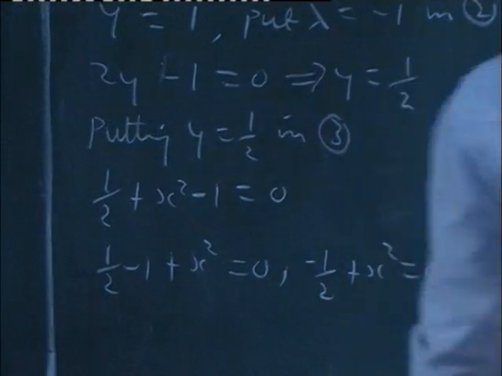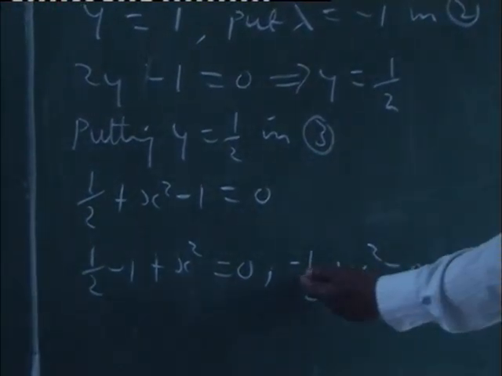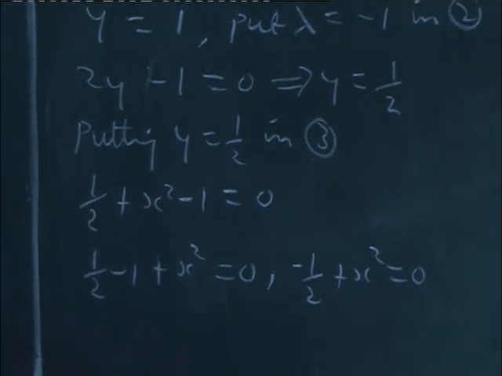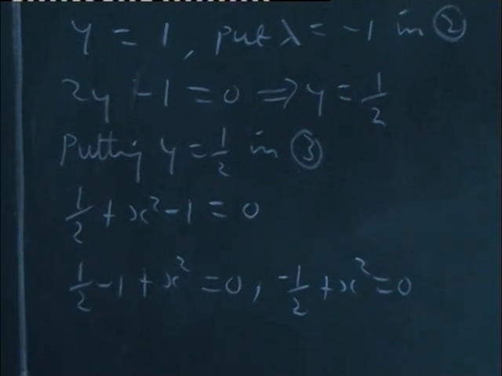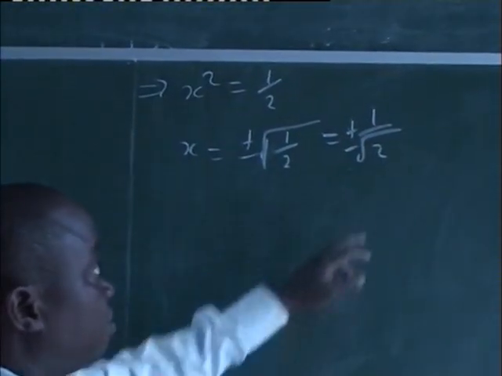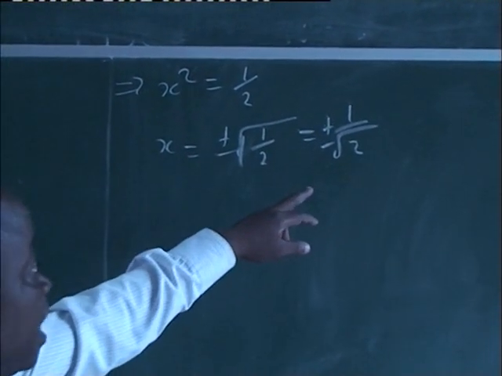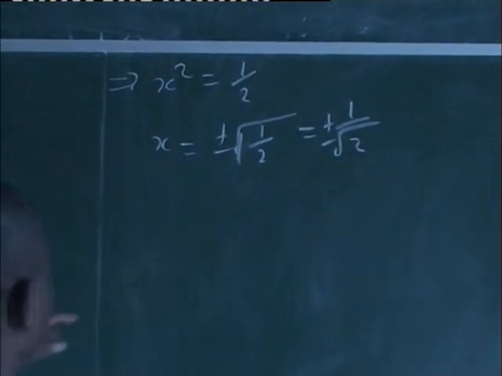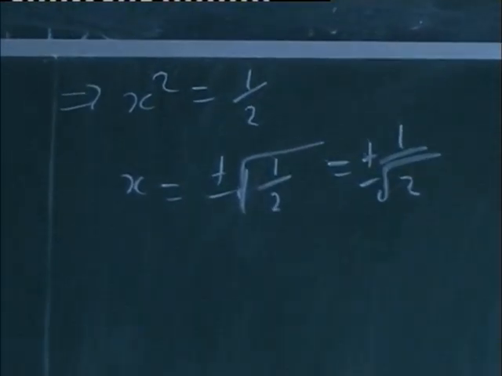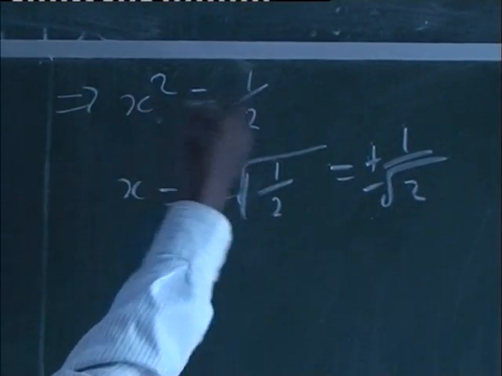And that implies that x squared is equal to 1 over 2. So x is equal to plus or minus the square root of 1 over 2, which is plus or minus 1 over root 2. So it means that for y equal to 1 over 2, we take plus or minus of this square.